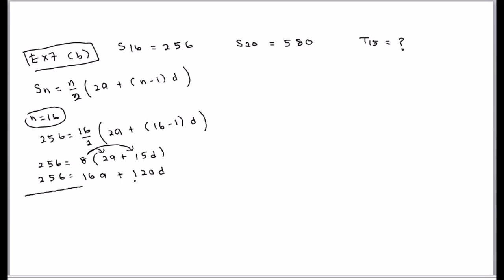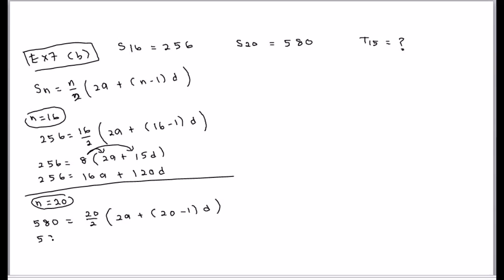Okay, and then let's use the second information, S20 equals 580. This is when n equals 20. When n equals 20, 580 equals 20 over 2 times 2a plus 20 minus 1 d.